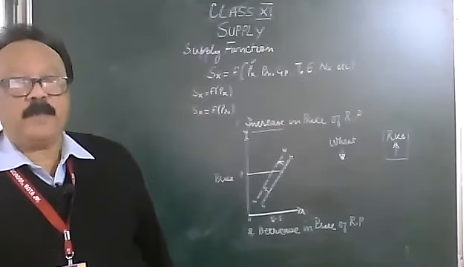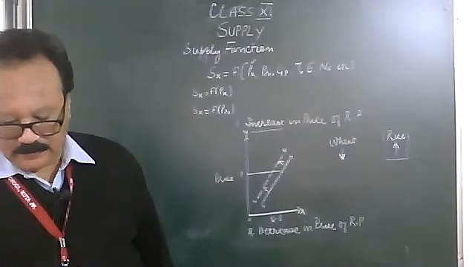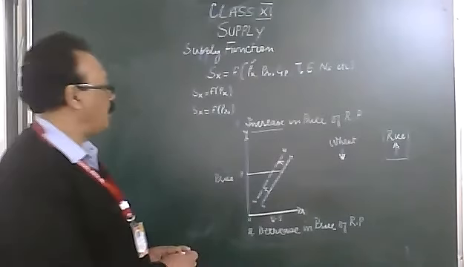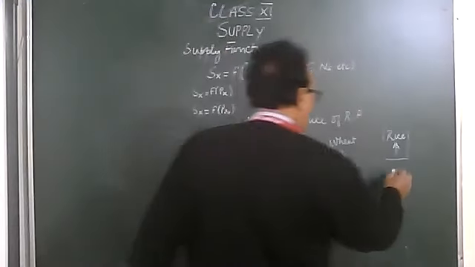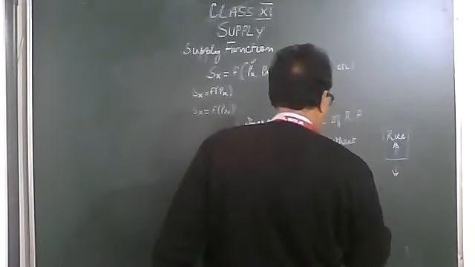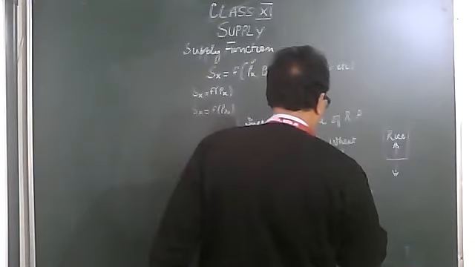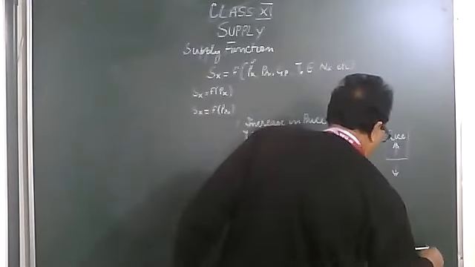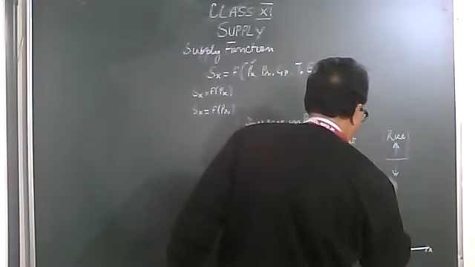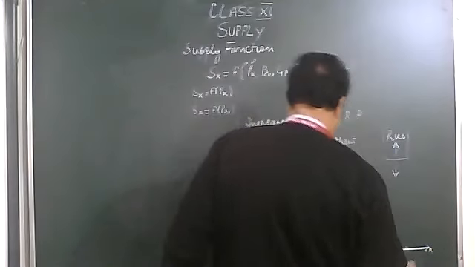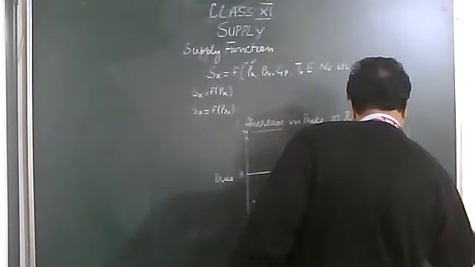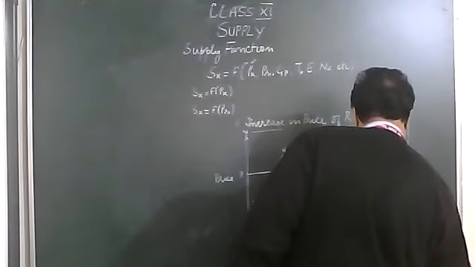So a decrease in price shifts the supply curve forward to the right. That is, when the price of rice falls, the wheat supply will be more. The diagram will be: the supply curve was originally, let's say here.